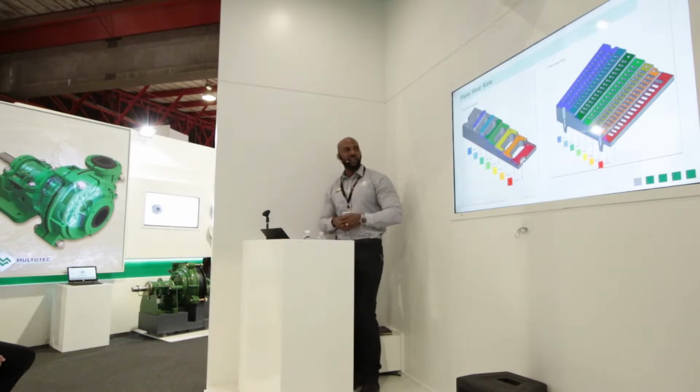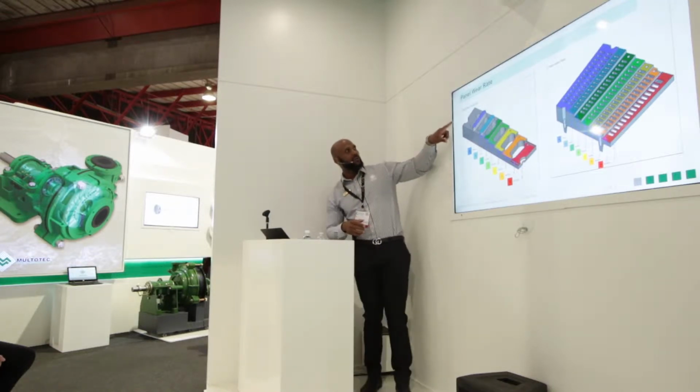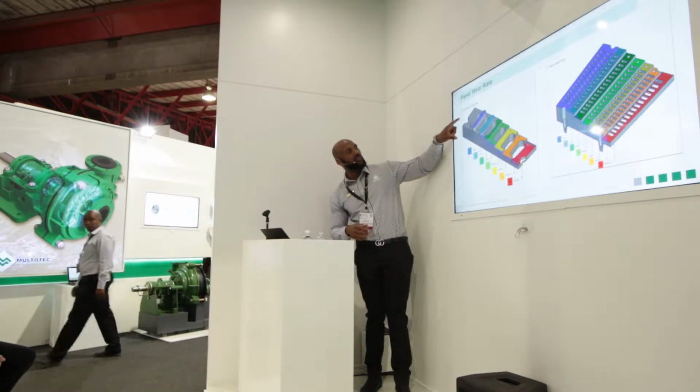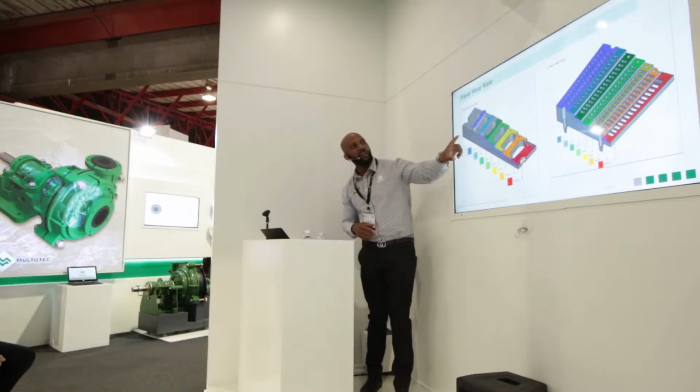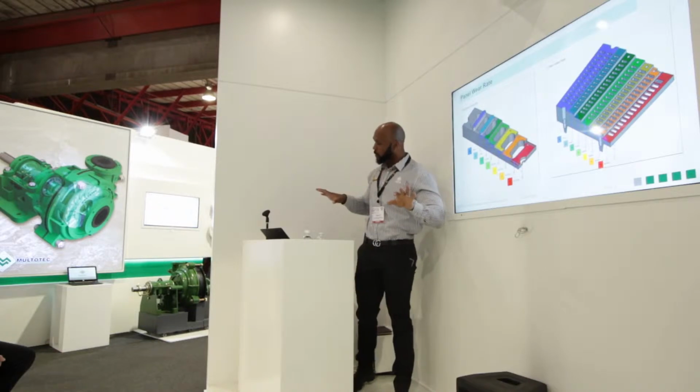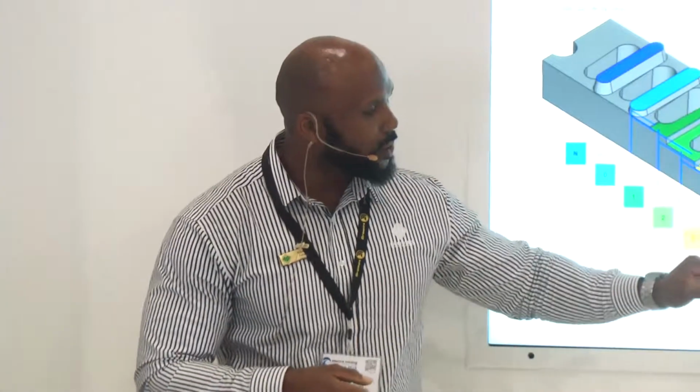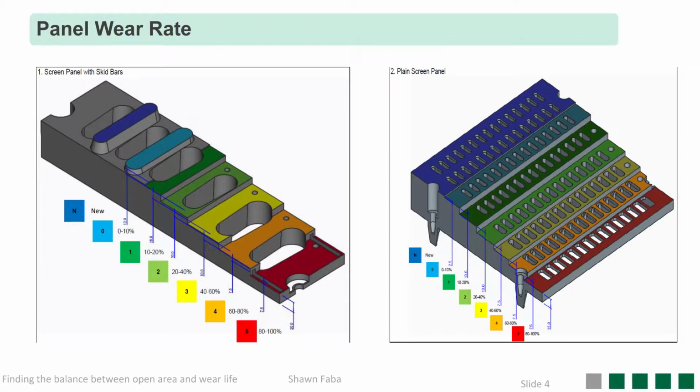In each panel, as you can see here, one type of panel has skid bars, and the other is a simple plain panel. We've got 4 wear indicators. Once all 4 wear indicators are exposed, we know it's time for the panel to be replaced.